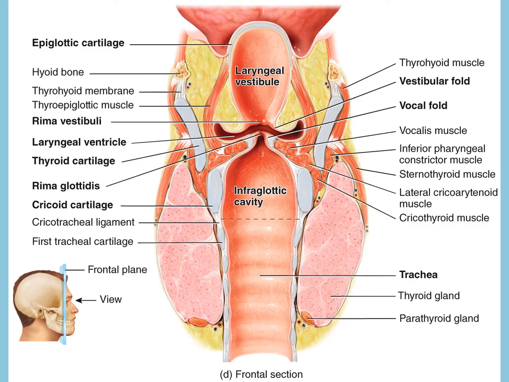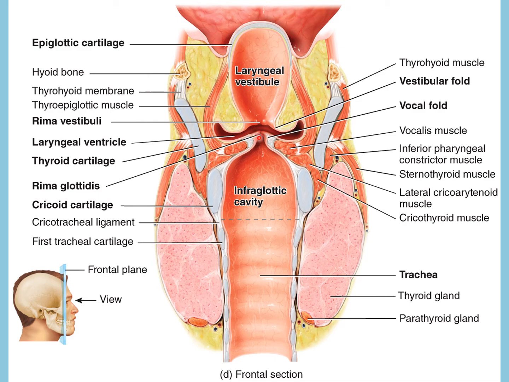Here's a frontal section allowing us to view the larynx. Here you can see the first set of folds, the vestibular folds, on the left and right. The space in between the two folds is the rima vestibuli. Inferior to those are the vocal folds on the left and right, and the space in between those two pairs of folds is the laryngeal ventricle.